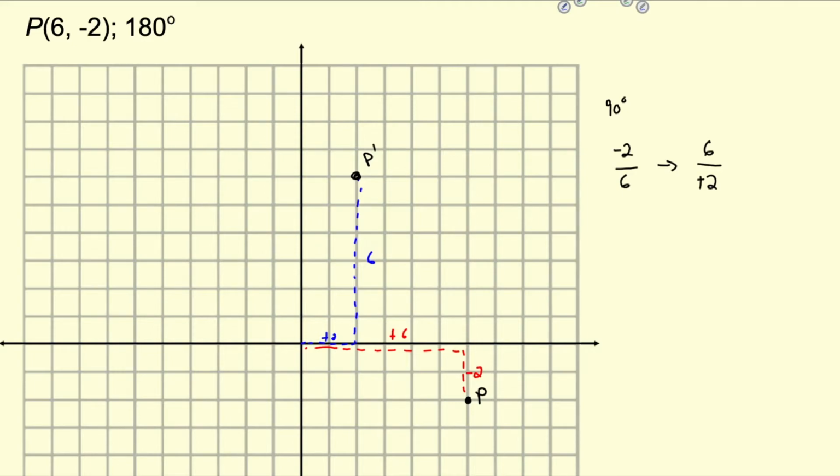And then we do it again. We switch these coordinates, and we change the sign.